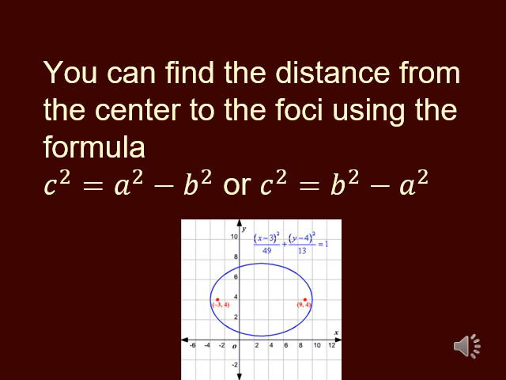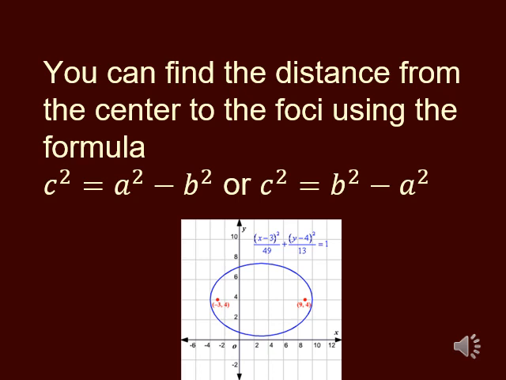And if you measure 6 units across from the point (3, 4), 3 plus 6 is 9, and you notice they've got the point (9, 4) marked as one of the foci. If you do 3 minus 6, you get negative 3. That's what's marked on the other side of the ellipse.